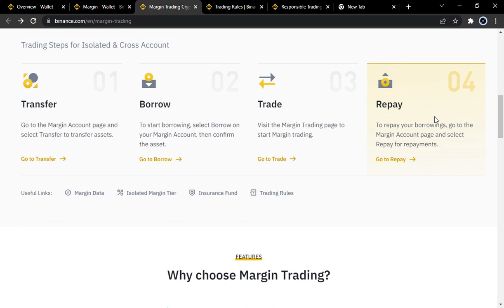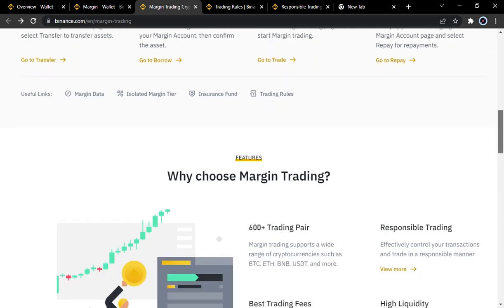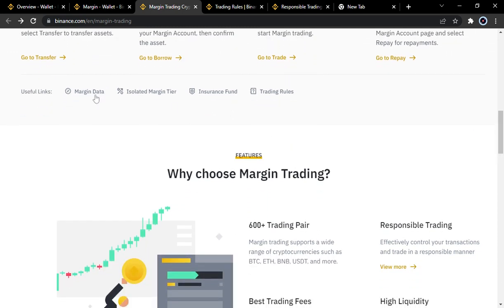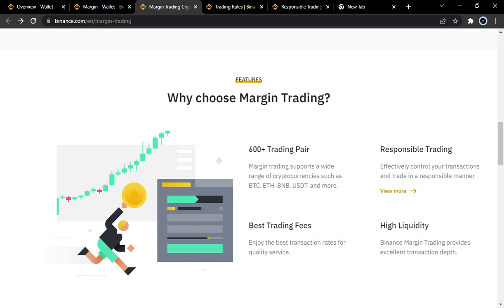You can also repay your borrowings, go to the margin account page and select repay to make your repayments. There are also certain characteristics about margin trading in which you can learn about the margin data, isolated margins here, the assurance fund being provided by Binance for margin traders or for traders in general, as well as some trading rules you want to see.